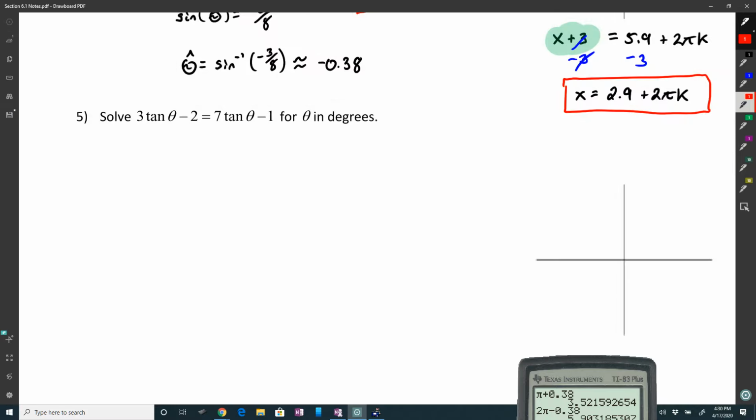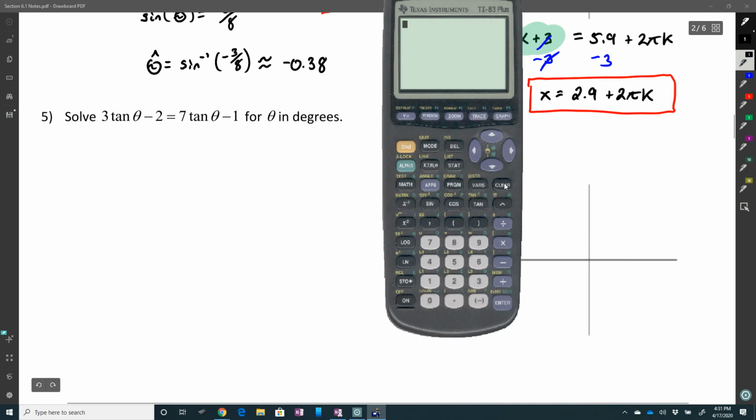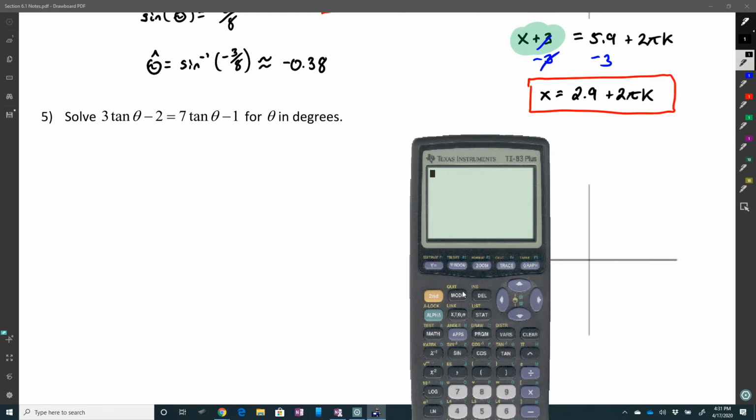So it says solve 3 tangent theta minus 2 equals 7 tangent theta minus 1. And this is in degrees. So when it's in degrees, be sure if you're going to use your calculator, you go to mode and you set it to degrees, or else you're going to be sad. All right.